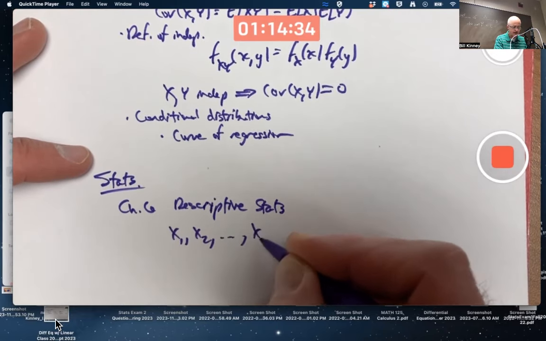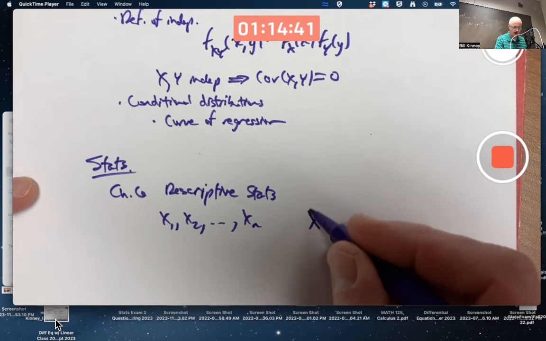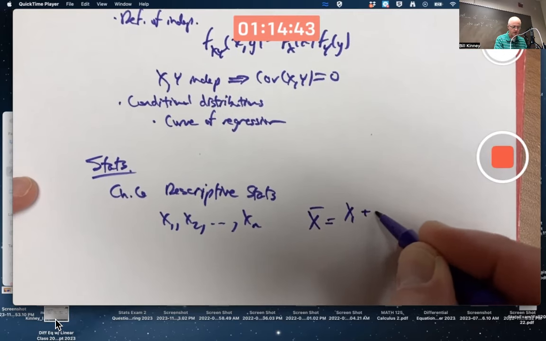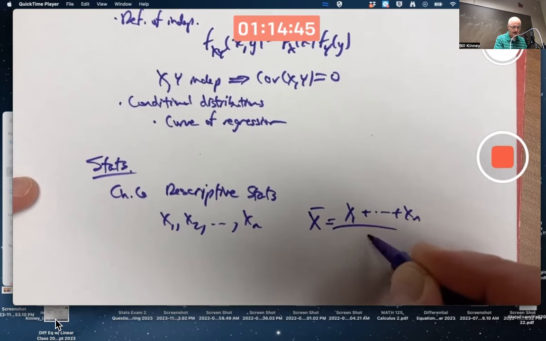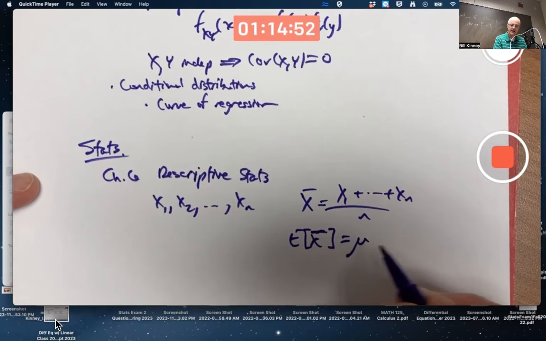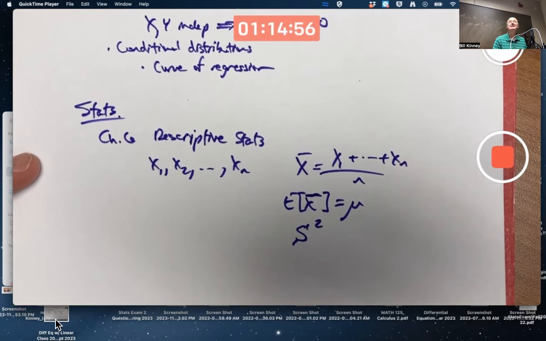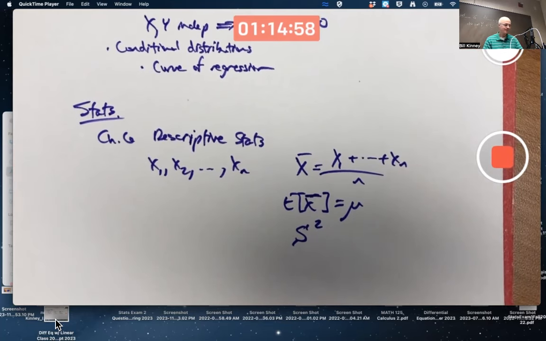A random sample was n independent and identically distributed random variables. And a statistic like X bar was a formula based on those. And that was unbiased. Expected value of X bar is mu. The mean of the mean is the mean. S squared, sample variance, was also unbiased. Sample standard deviation was not.